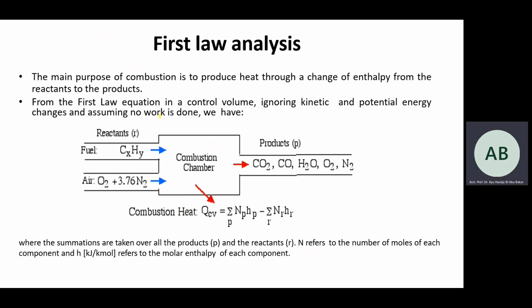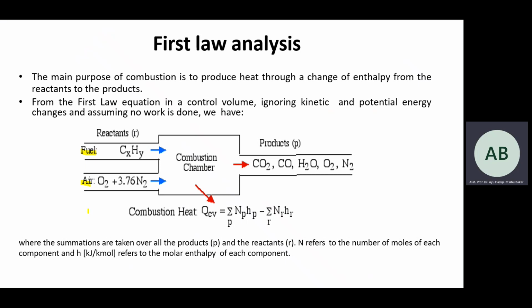Okay, from first law equation, in a controlled volume combustion, we ignore the kinetic and the potential energy, and assuming no work is done. So this is an example of a combustion process where you have reactants, which is your fuel and your air.